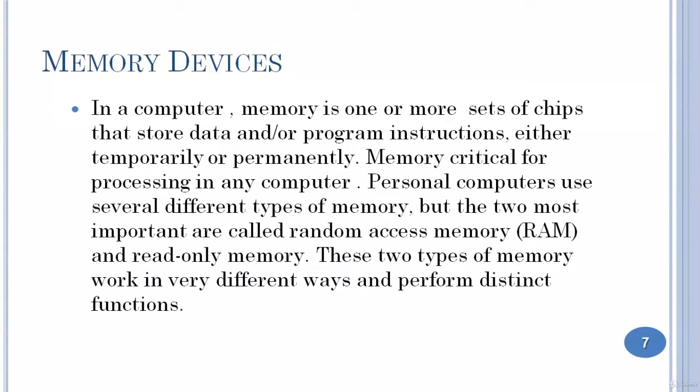Personal computers use various types of memory, but the two most important types are called random access memory or the RAM and the read-only memory, also called ROM. These two types of memories work in very different ways and perform distinct functions.